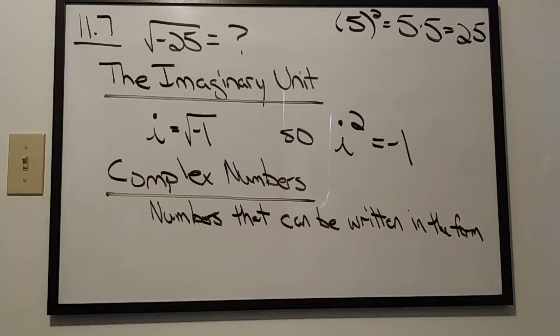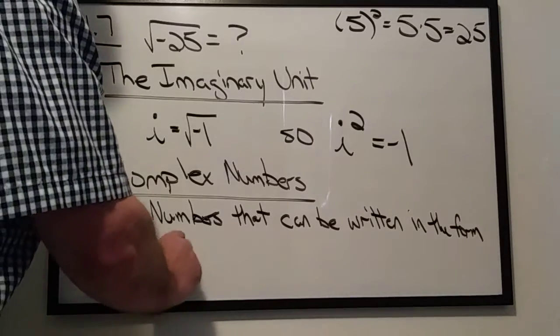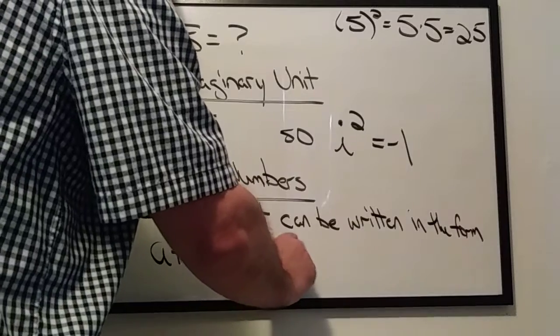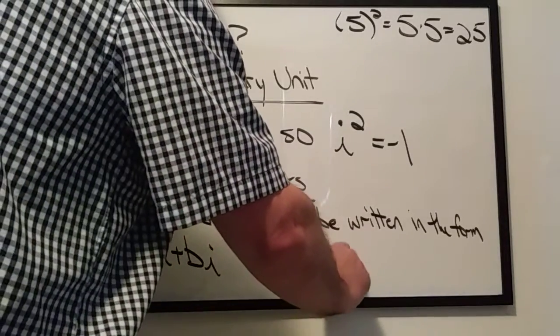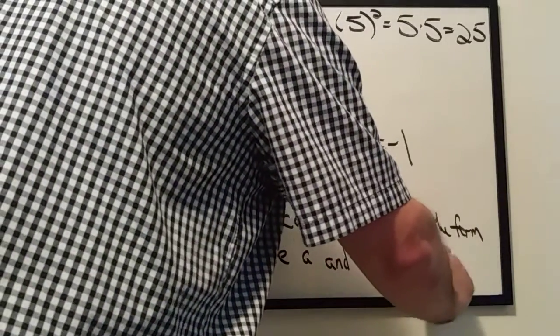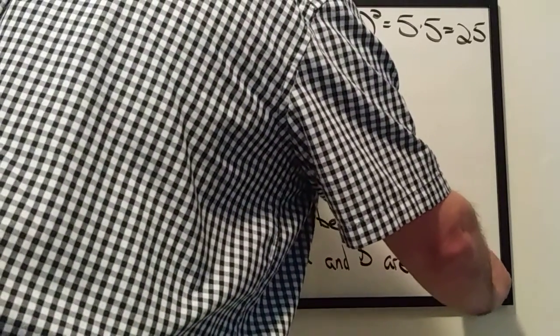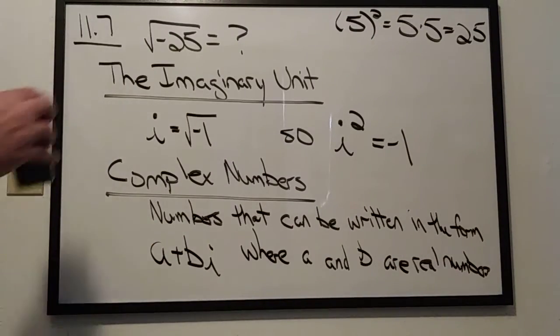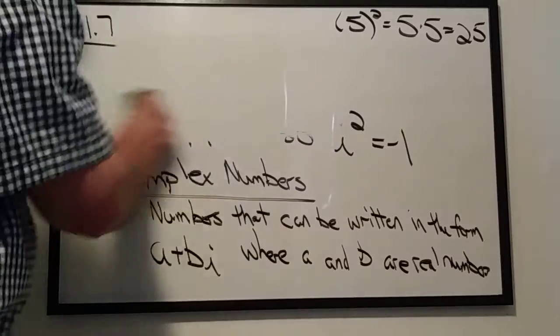Well, now that we know that this number i exists, we can define something called complex numbers. And complex numbers are numbers that can be written in the form a plus bi, where a and b are real numbers. So now that we have this definition, I'm going to go ahead and write down some examples of complex numbers.